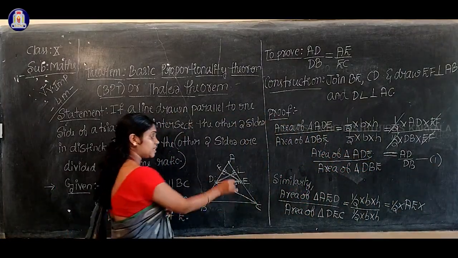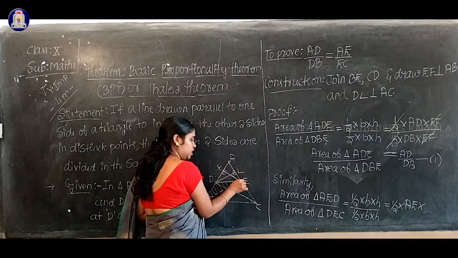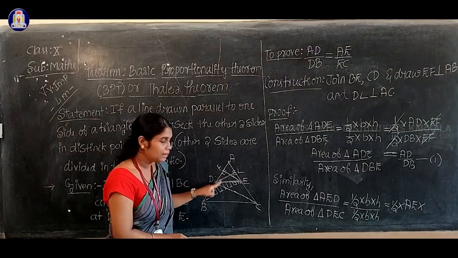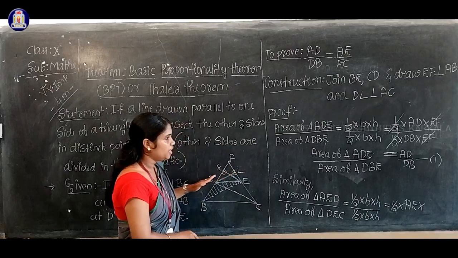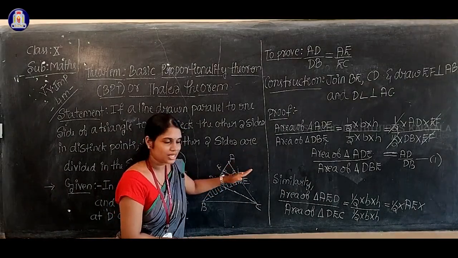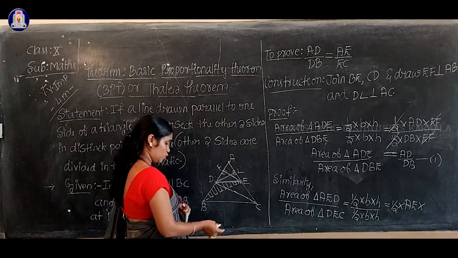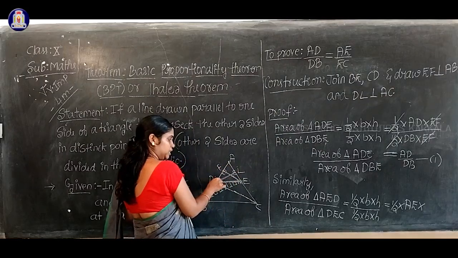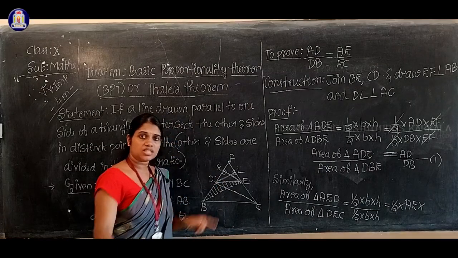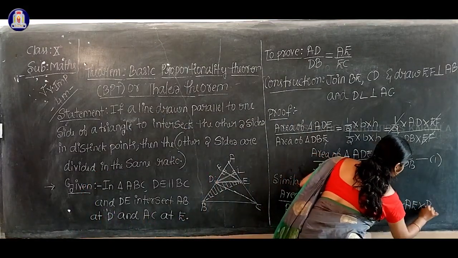For the side AE, what is the opposite vertex? Opposite vertex is D. Height is nothing but the perpendicular drawn from the opposite vertex to that base. So what is the perpendicular length? That is DL, isn't it? So this is your height. Therefore DL is your height.